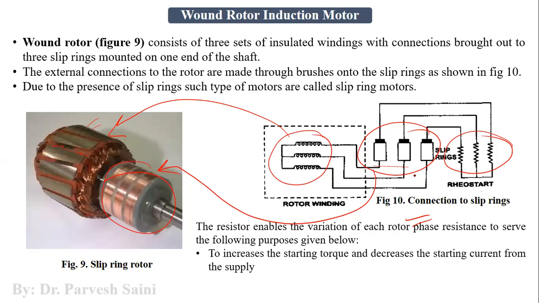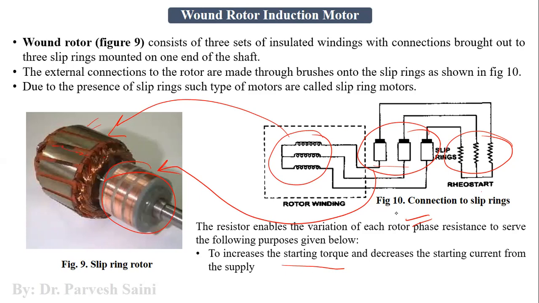The first reason is that these resistances help in increasing the starting torque of the induction motor. See, when the starting torque increases, the motor needs more current, so the current will also increase.